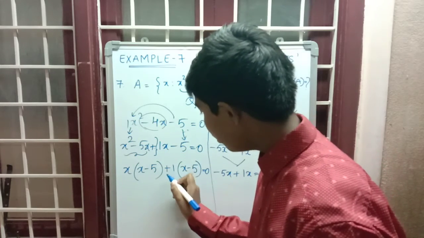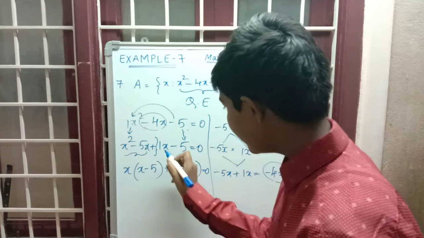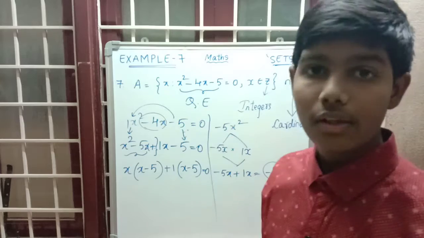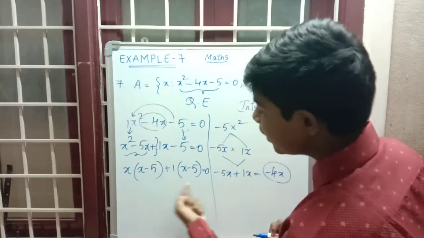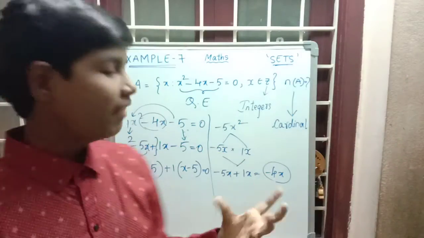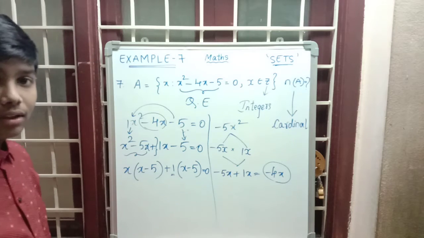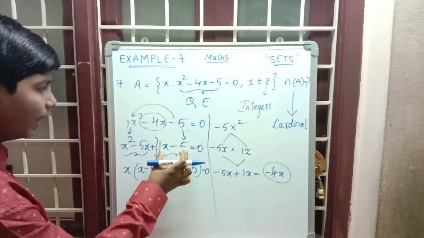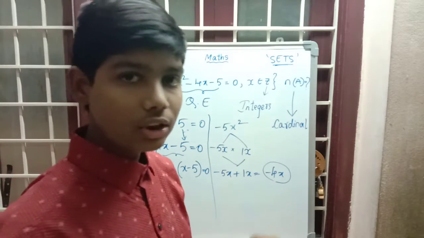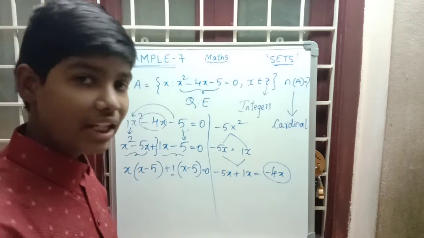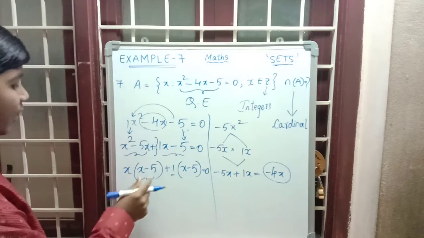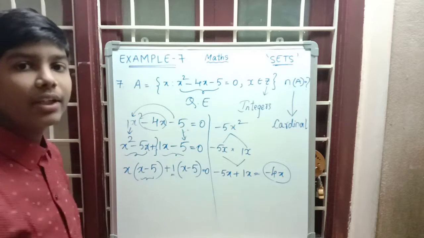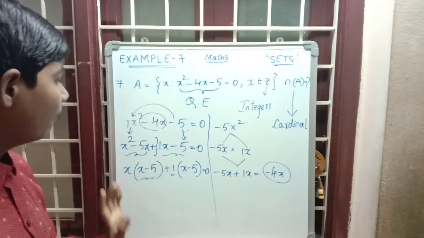If we take 1 common, then 1 into x is 1x, and plus into minus, minus 1 into 5 is 5, and x minus 5 is common here. So in such a way we have to take the common number in the second part. That common number should satisfy what we got in the bracket in the first part. Only that should come here. We have to take such a number common.